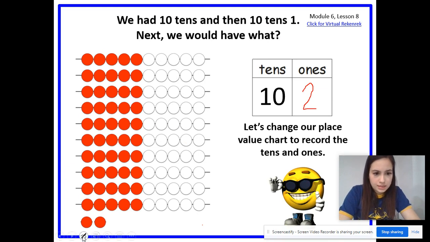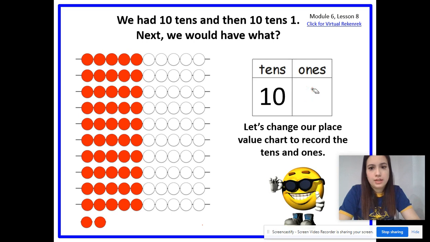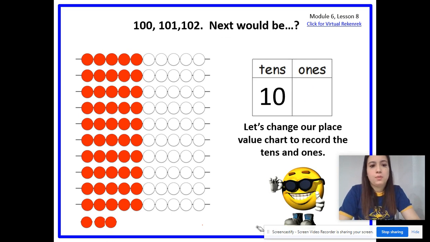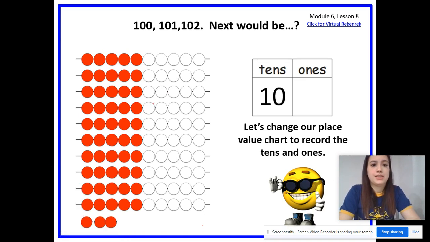Now we're going to continue. Need to keep erasing. And 101, 100. We started with 100, and now we're going to go 101, 102. Next would be, get ready. Yes, 103. And 103, boys and girls, is 10 tens and how many ones?